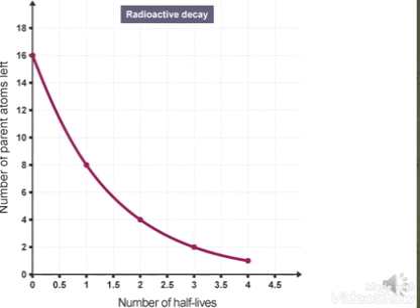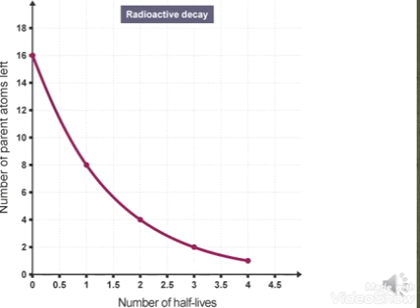This is a radioactive decay graph of the given example. Always remember that in making a graph of the data, you must label all the axes. In this graph, the x-axis shows the number of half-lives and the y-axis shows the number of parent atoms left in a decay process.